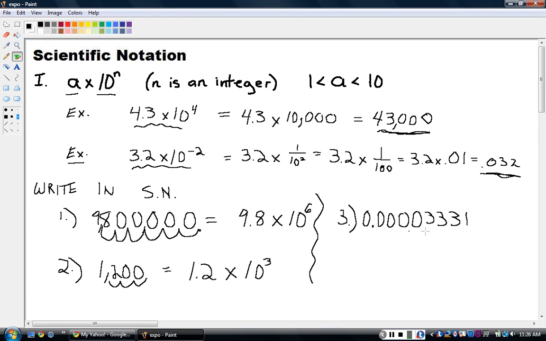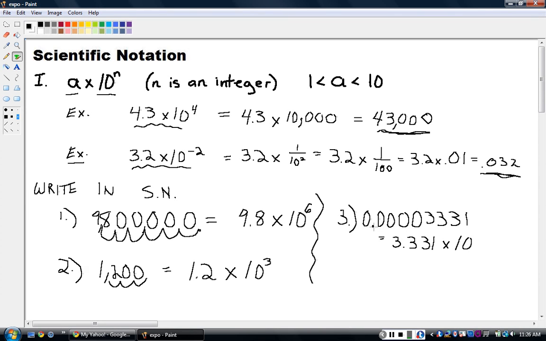We're going to move it right here between the first 2 3s that we see as we go from left to right. So that's going to be equal to 3 point, and then I include the rest of the digits behind it, 331 times 10 to what power?